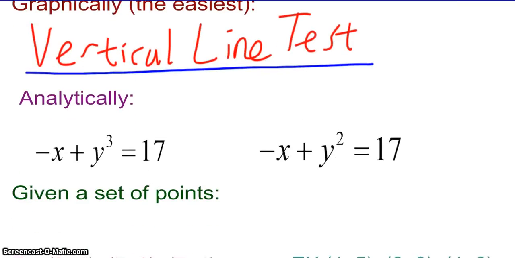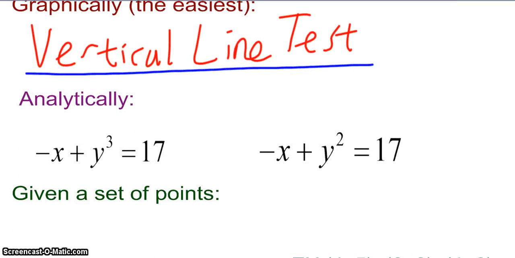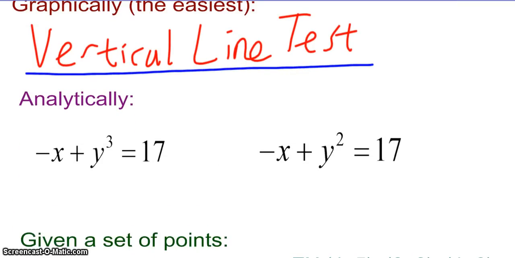So then we can solve this equation analytically. What do I mean by that? Well, if I have this equation, negative x plus y cubed equals 17, if I solve this for y, I can determine is y a function of x.